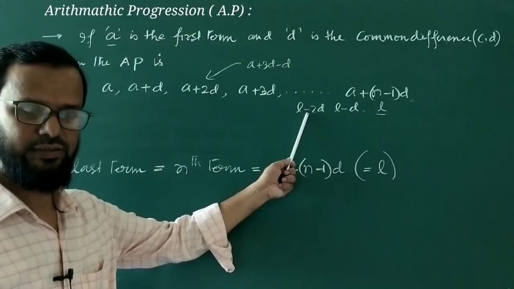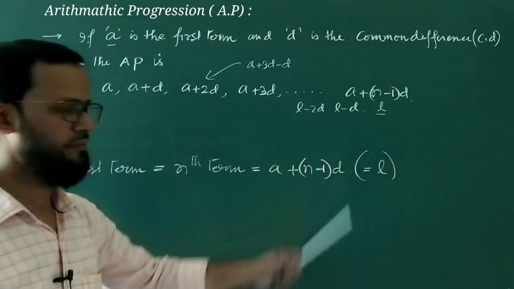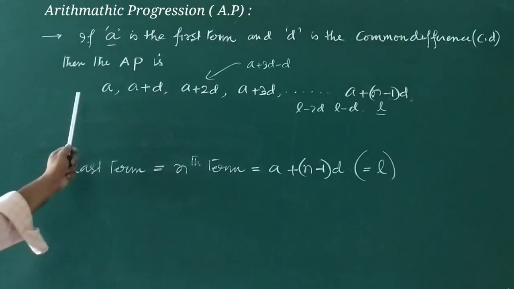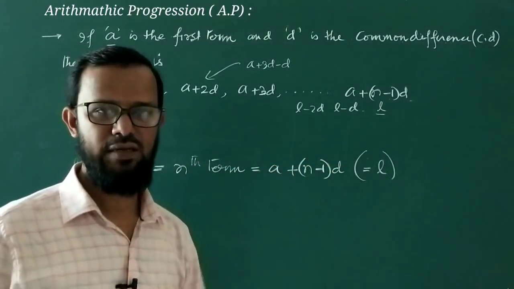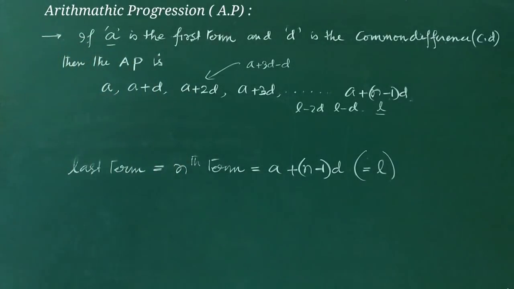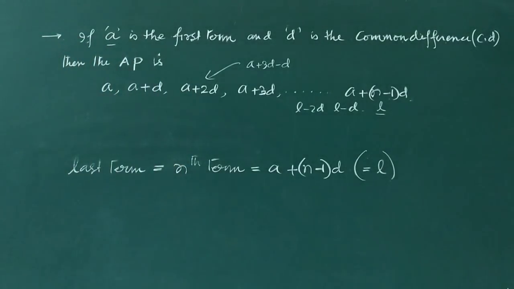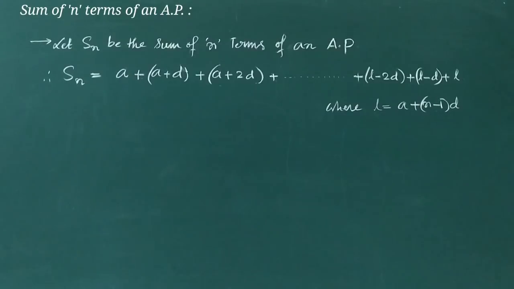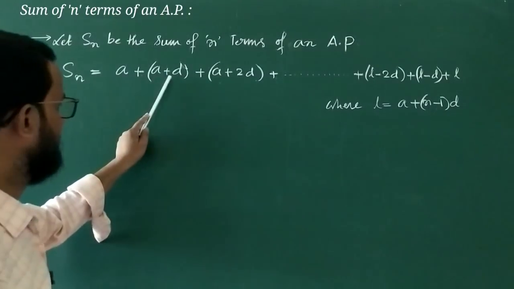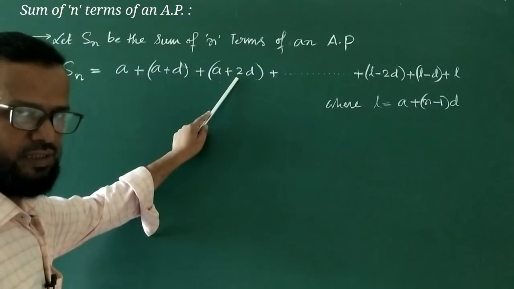Using this we can find the sum of n terms of this AP. We want to find the sum of all n terms of the arithmetic progression. We know the arithmetic progression: the first term is a, then the second term is a plus d, then the third term is a plus 2d.